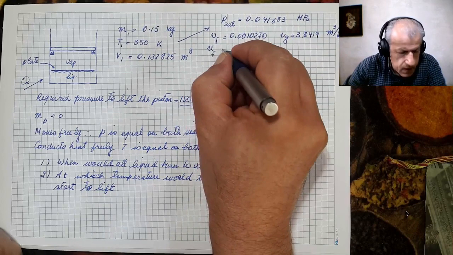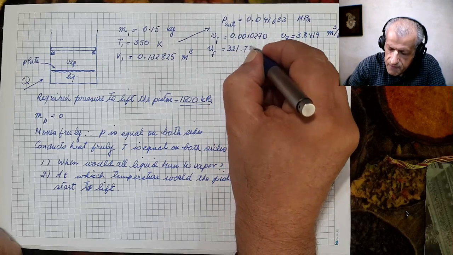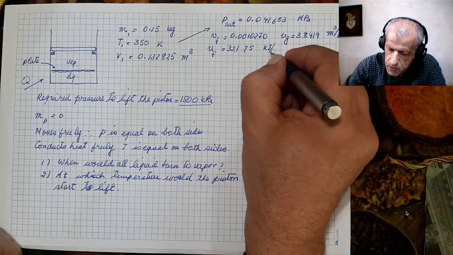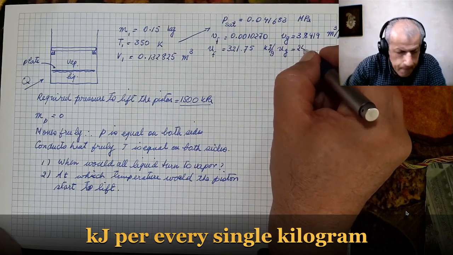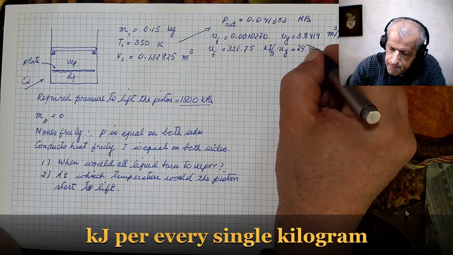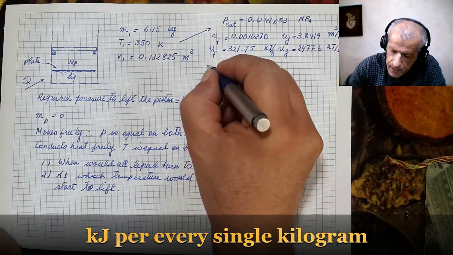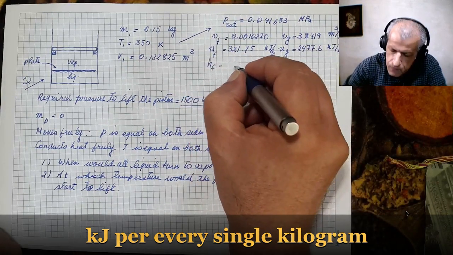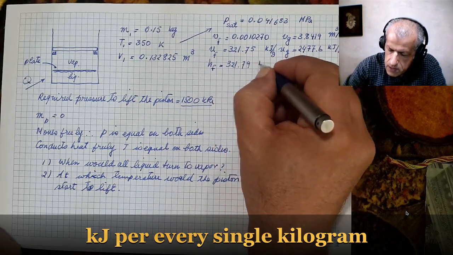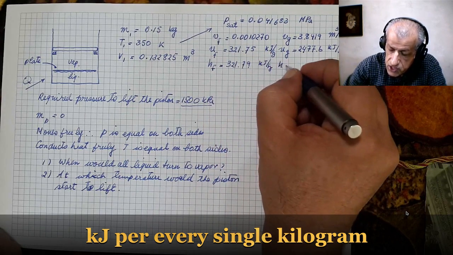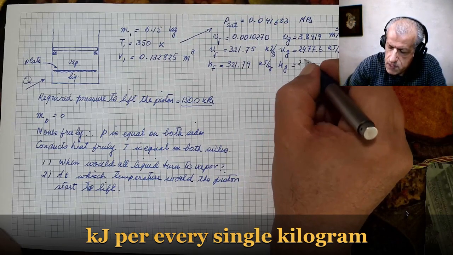Uf is 321.75 kilojoules per kilogram, and Ug is 2477.6 kilojoules per kilogram. Hf is 321.79 kilojoules per kilogram, and Hg is 2637.7 kilojoules per kilogram.